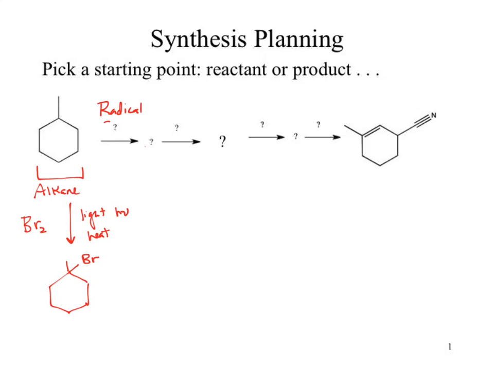So we ran a radical substitution reaction. Shouldn't write SN. Now where? If we did a regular substitution, where would our nucleophile go?